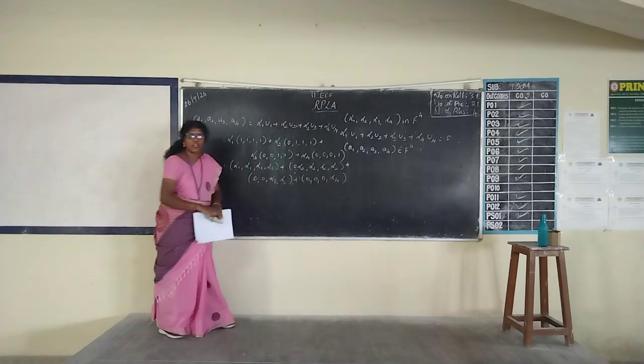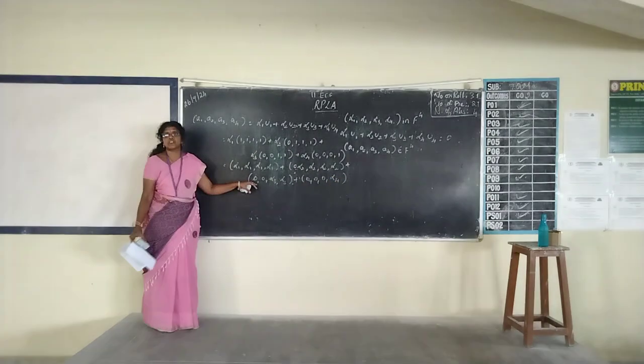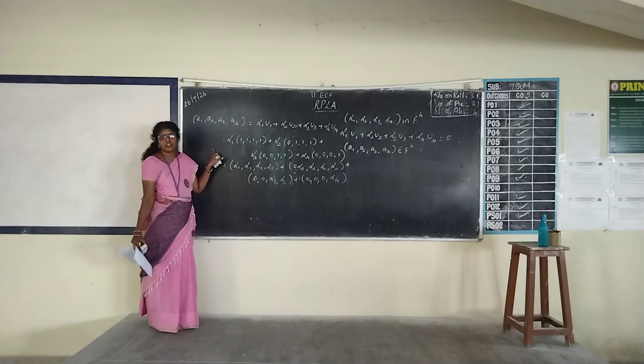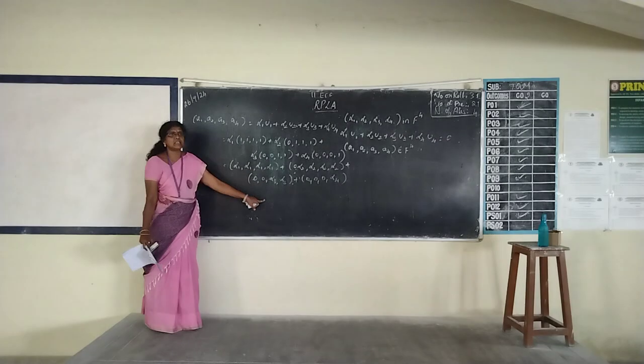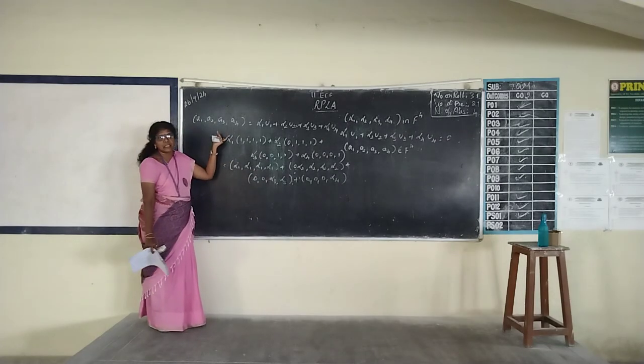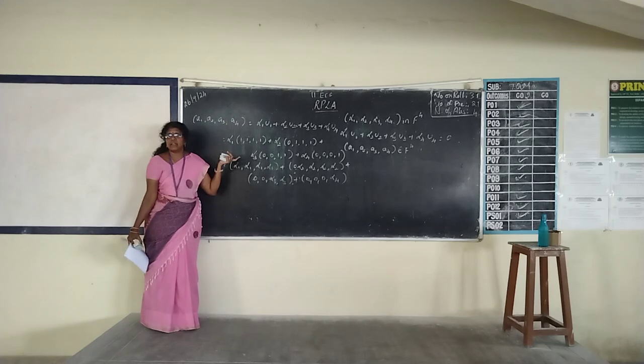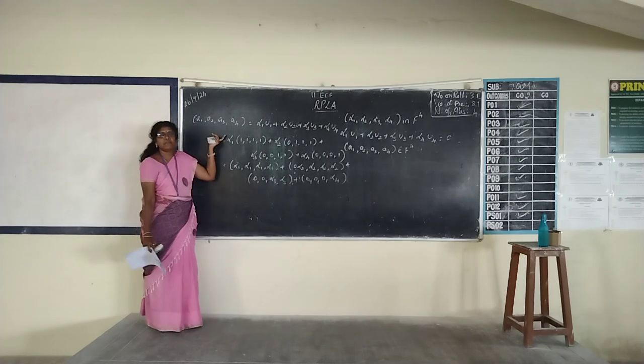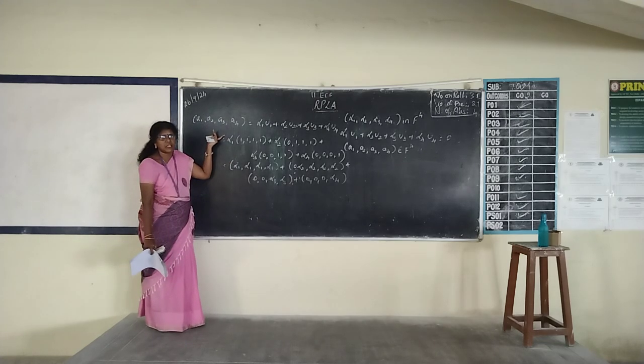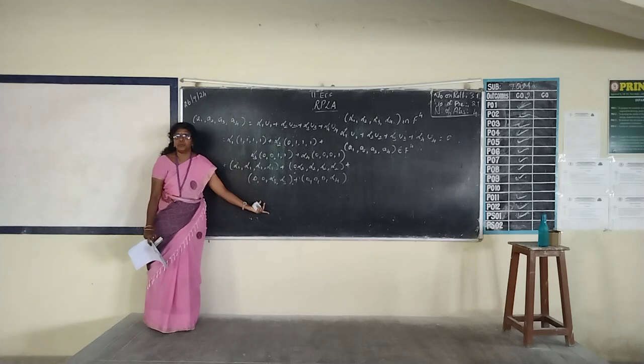You understand what you are supposed to do? You take the coefficients on both the sides. So you must try to rewrite this right hand side in the form of the left hand side. Then you can compare the corresponding groups. Okay, left hand side will be the vector representation. On the right hand side, what you have to do?